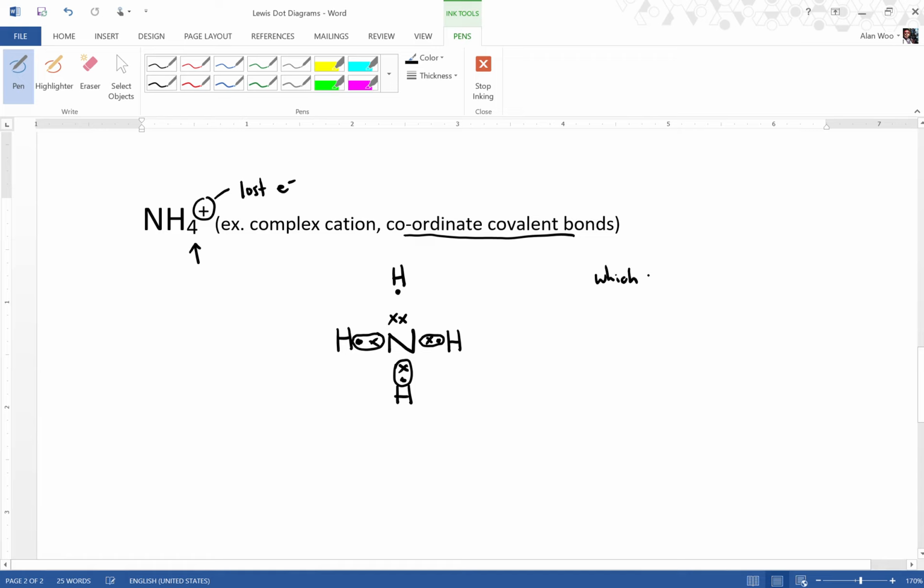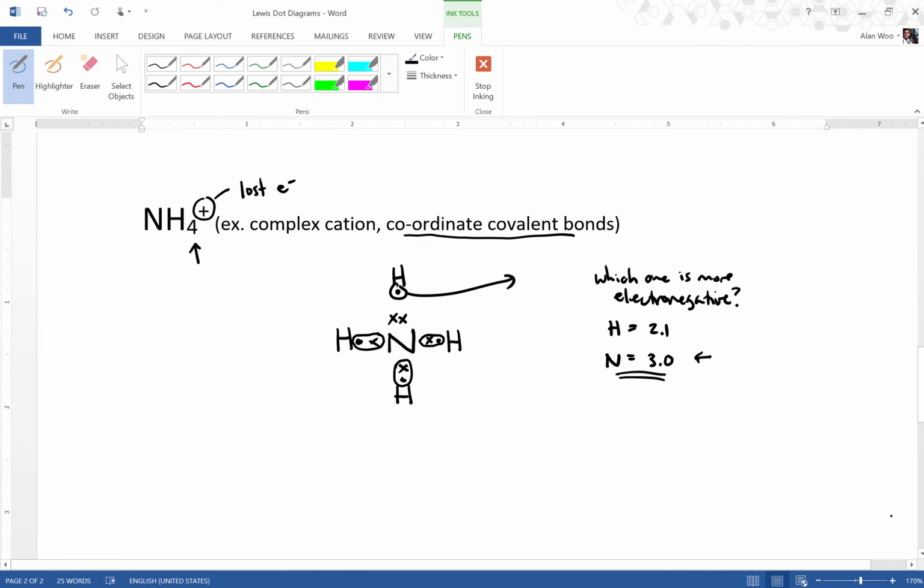To answer that, we look at which one is more electronegative. We explained last time that electronegativity is the ability of an atom to gain electrons. Hydrogen's electronegativity is 2.1. Nitrogen's is 3.0, I believe. So nitrogen is going to keep its electrons because it has a stronger hold on them. Hydrogen has the weaker hold. So it's likely that this one here will be taken away or removed.